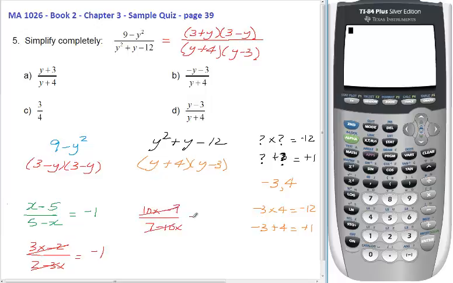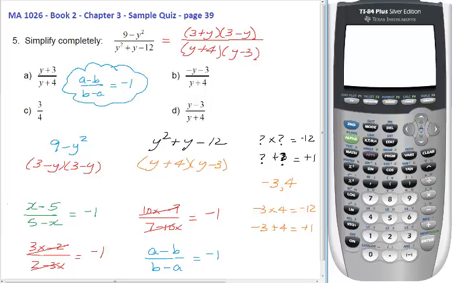They will equal negative 1. So what's the pattern? Anytime you have a minus b over b minus a, that equals negative 1. Let's write that little fact up here: a minus b over b minus a always equals negative 1. That's a good little fact to have. It saves you a bit of time factoring out negative 1 and so on.